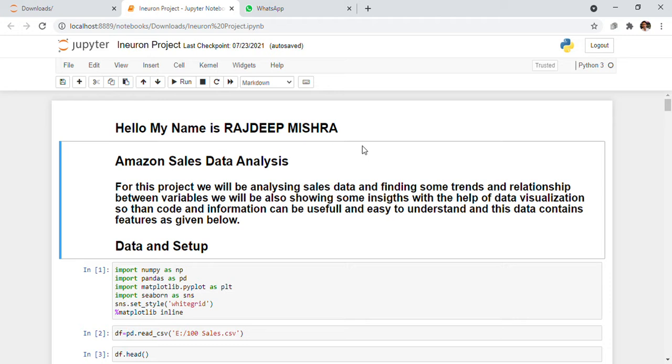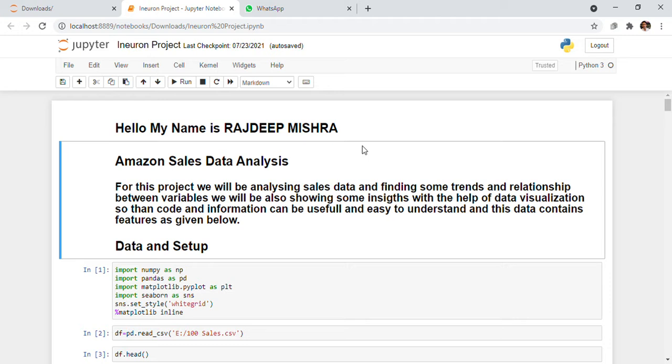So in my internship, basically I have to do a kind of data analysis. So I have chosen Amazon sales data so that I can do some type of analysis on that data. For this project, I will be analyzing sales data and finding some trends and relationships between variables.